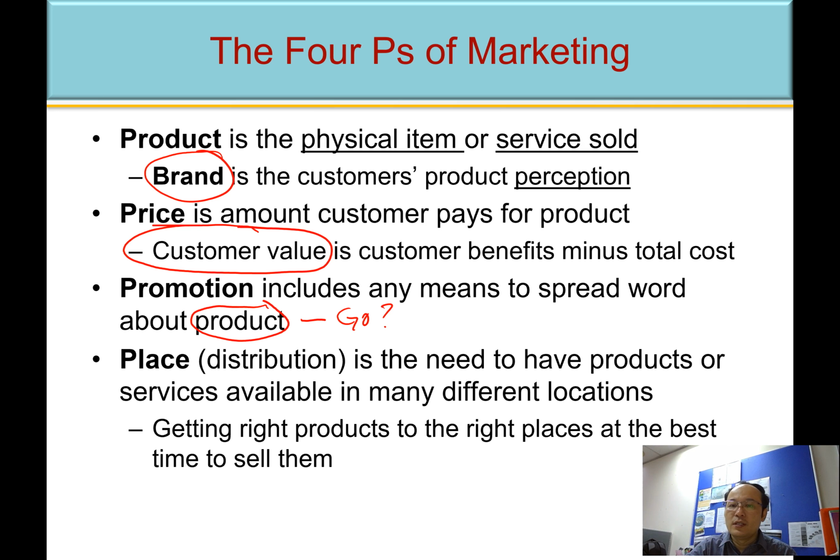Do you have a good transportation channel, a hub, to make customers feel convenient, with convenient access to the product, for the e-commerce company to respond to customers easily? So place is important: getting the right products to the right places at the right time to sell. Time and place together make a good competitive weapon.